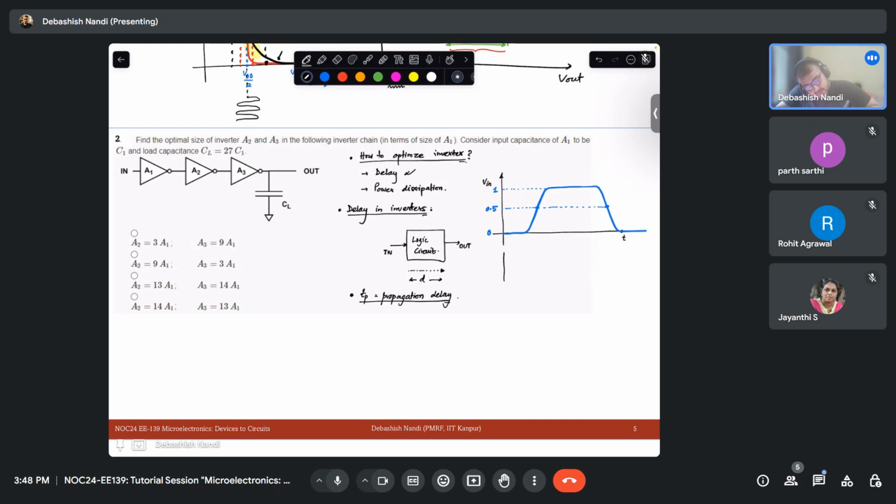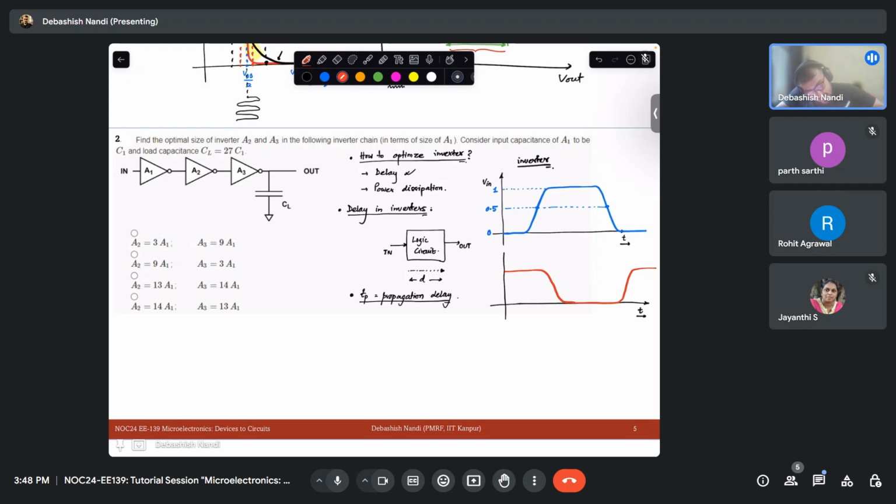Let's say at the output your circuit is an inverter. So what will happen? This will start at 1, then it will fall, then after some time it will go up again.